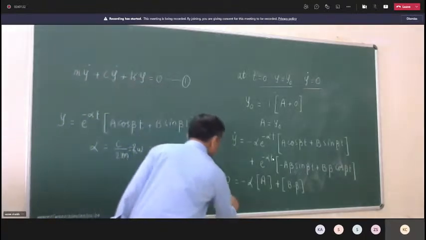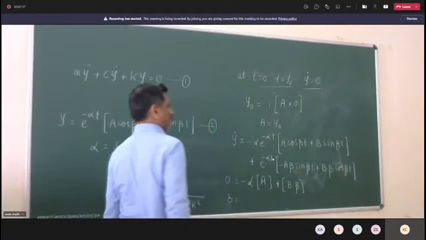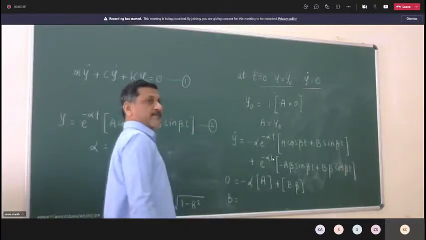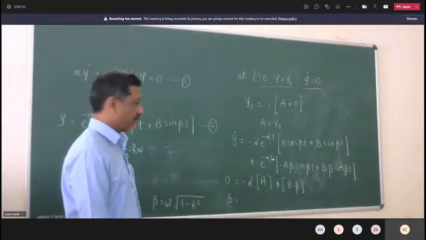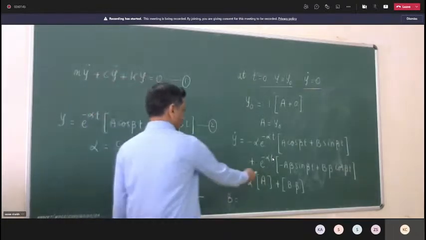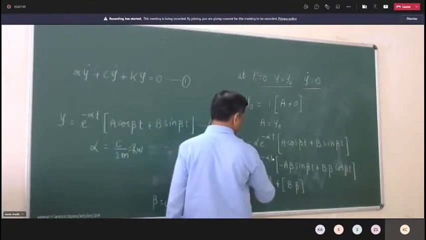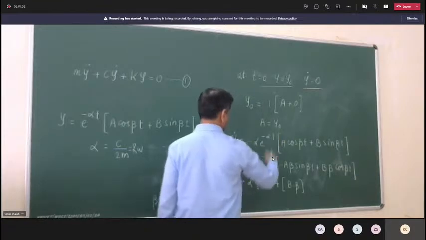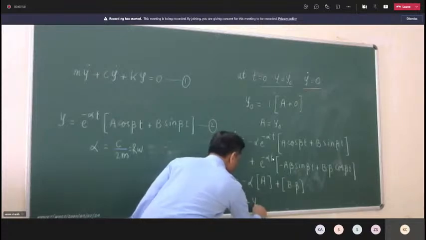And therefore you will get B is equal to alpha upon beta into A. Take this A alpha on this side, so it will be alpha upon beta into A. And A is y0, so B is alpha upon beta into y0.